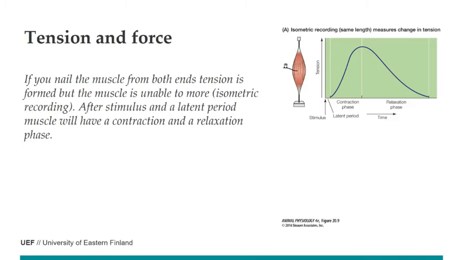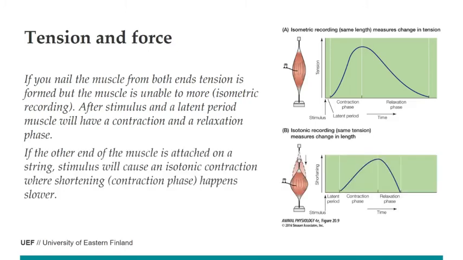And we have already learned that we can have a stimulus for the muscle, and the time goes in the latent period before the calcium is there regulating this contraction. And then we have the contraction phase that happens in a few milliseconds, and then the relaxation phase.